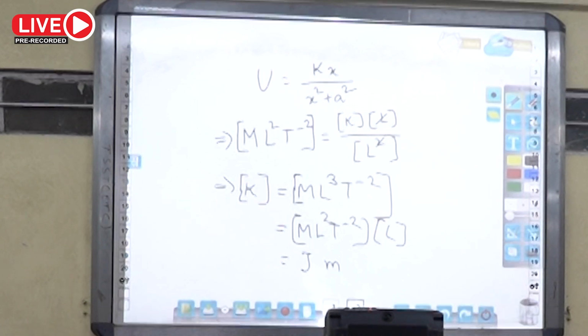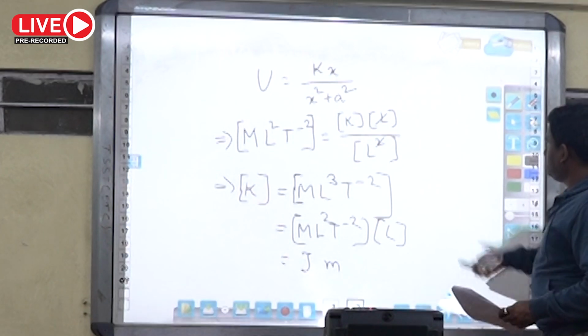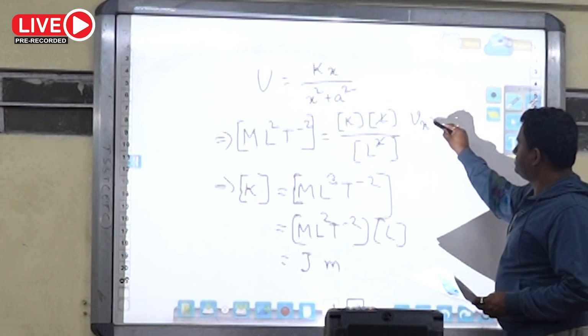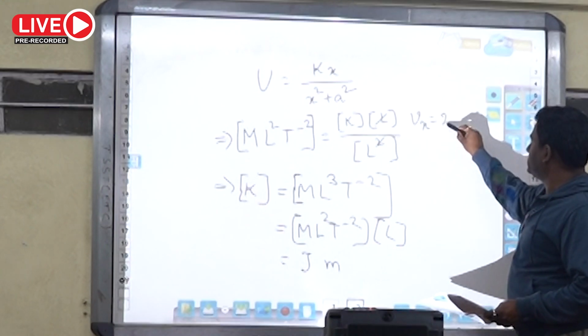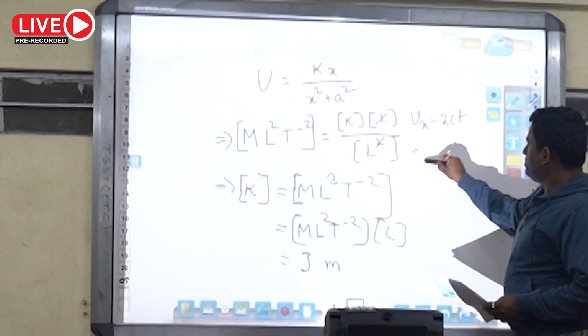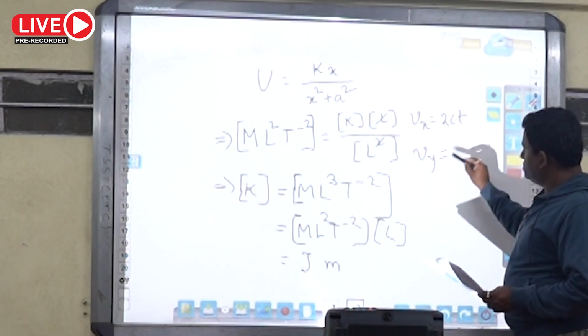Next, the coordinates of a moving particle at any time t are given by x equal to ct square and y equal to bt square. The speed of the particle at time t is found by just differentiating. Vx will come 2ct, Vy will come 2bt.